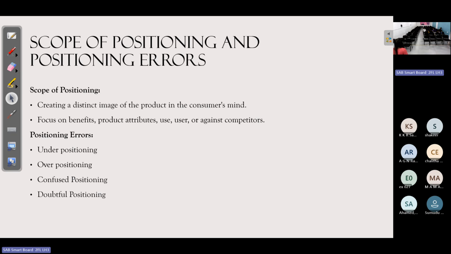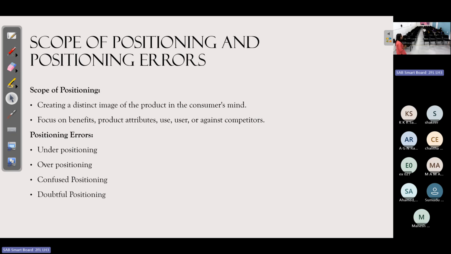Example, you can write: advertising a product by highlighting it is premium as well as budget friendly. Premium and budget friendly.